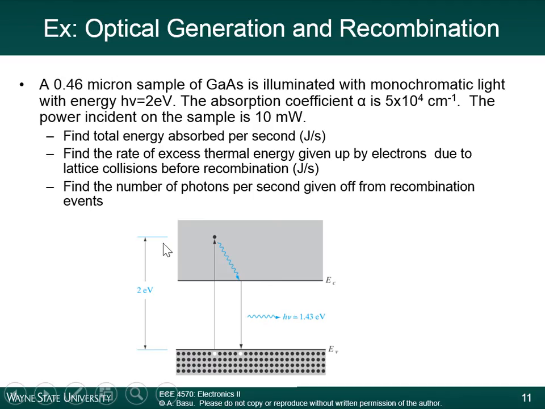The second part is to find the rate of excess thermal energy given up by the electrons due to lattice collisions before recombination. That's talking about this right here, the conversion of this energy to heat. The third part has to do with this portion, the emission of light. Find the number of photons per second given off from recombination events.